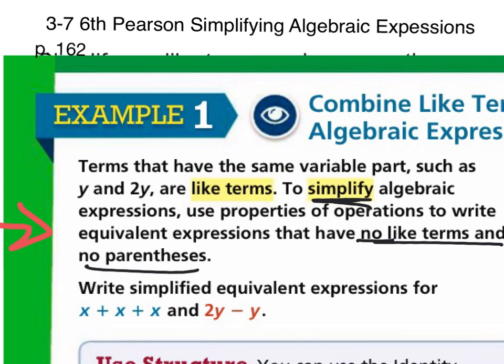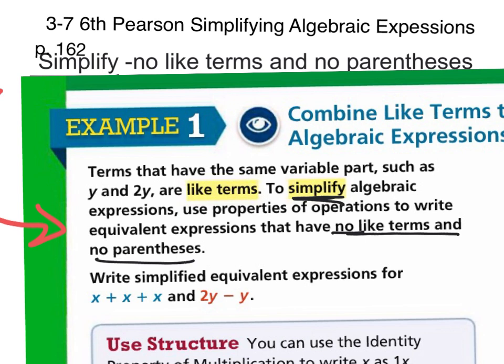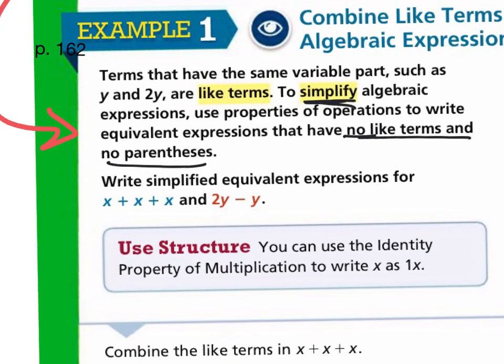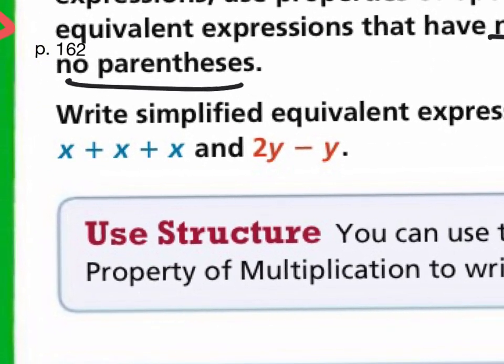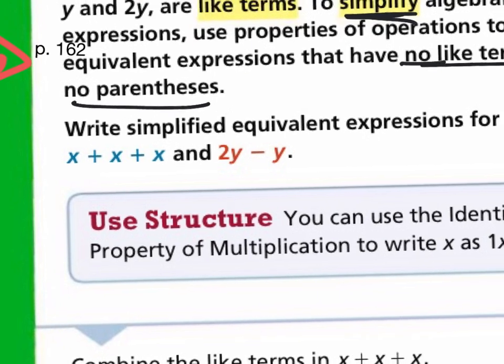And the deal with like terms is that those can be combined together. So like I said, simplifying means we are going to work the problem out to where we end up with having no parentheses and no like terms. So if you look right below here, they are wanting us to write simplified equivalent expressions for these two expressions.